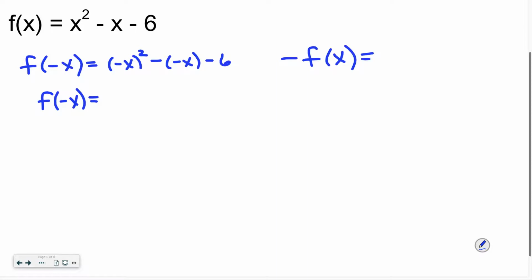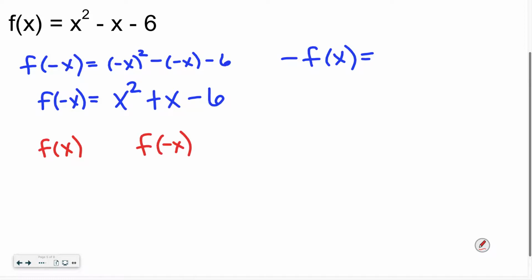So show me your work. Show me that you plugged in negative x, and then show me that you simplified it to x squared plus x minus 6. At this point we can determine whether this function is even. Is f of x the same as f of negative x?